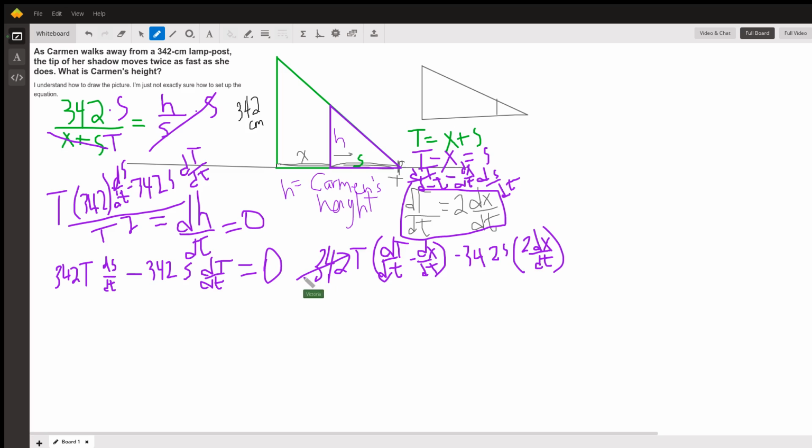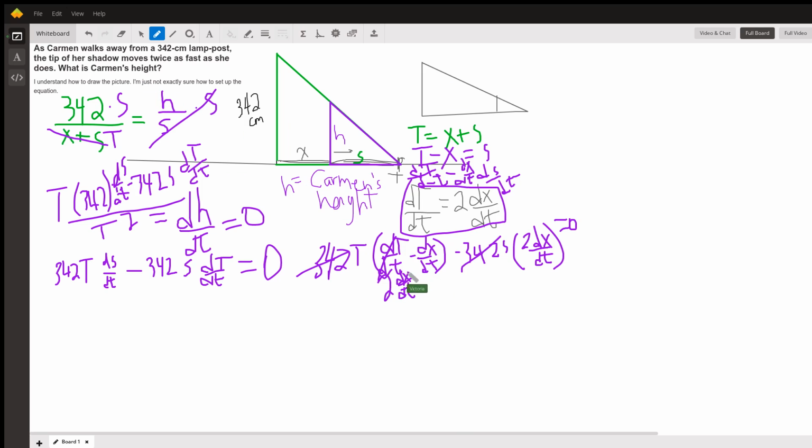So I can divide both sides by 342 because this equals 0. And dT dt is 2 dx dt, so I can replace this with 2 dx dt. And now 2 dx dt minus 1 dx dt, that is a single dx dt, so I have T times dx dt minus s times 2 dx dt.